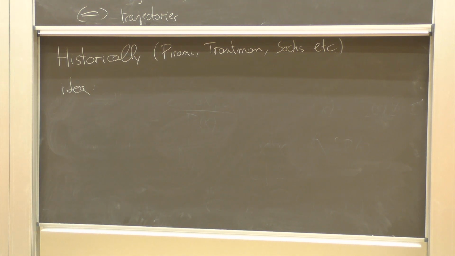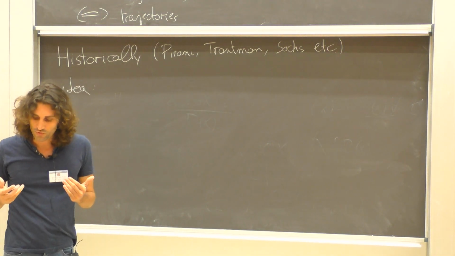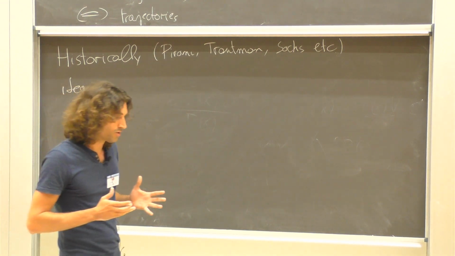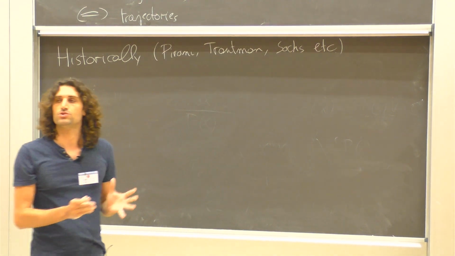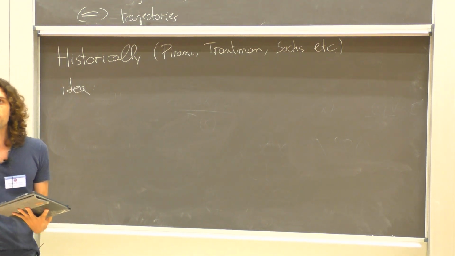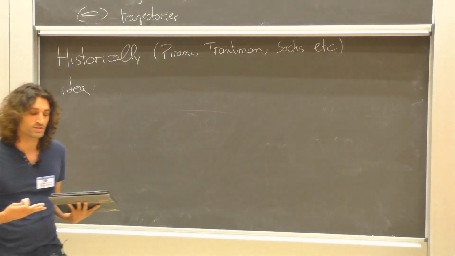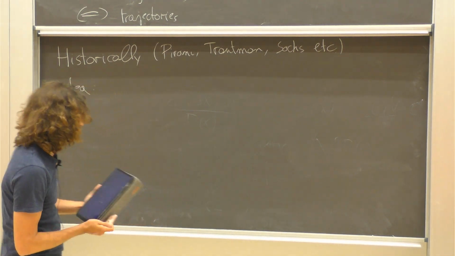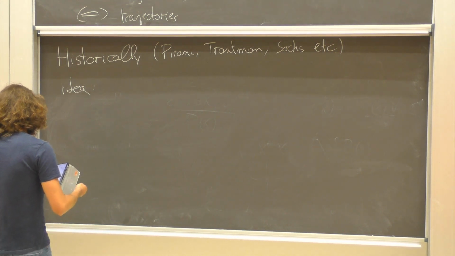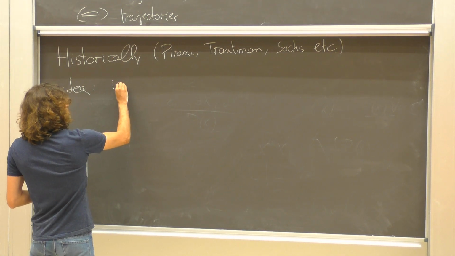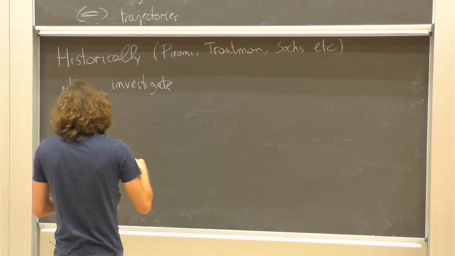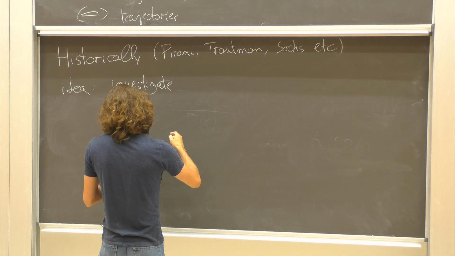But because you're following a null congruence, you're going to infinity at the speed of light. And the idea was to follow the gravitational fields, meaning the Riemann tensor, and try to understand how it behaves as you follow this null geodesic congruence. Because gravitational waves you should expect go at the speed of light, as you go along this null geodesic congruence, you should capture something of the presence of the gravitational waves.